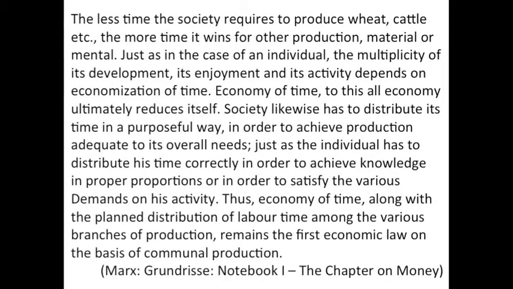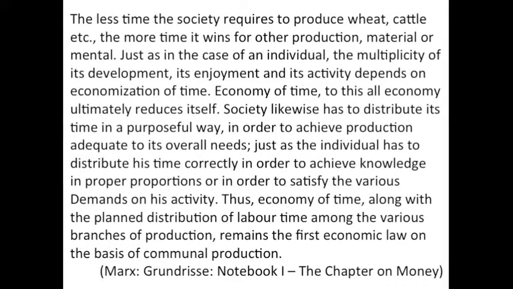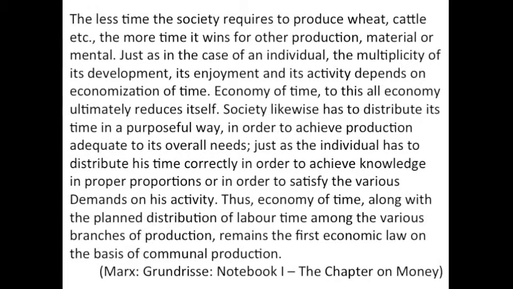We invest time. We invest the time we need to produce something, and we invest the time to reproduce ourselves, to produce something tomorrow again.